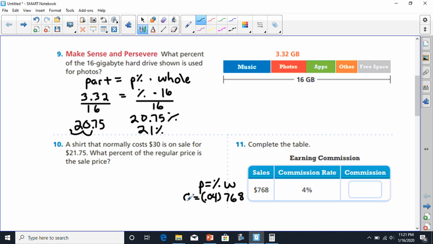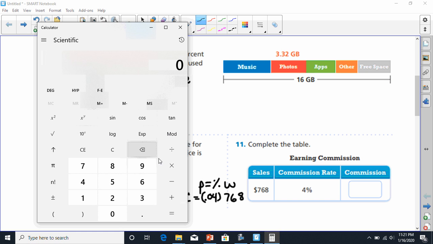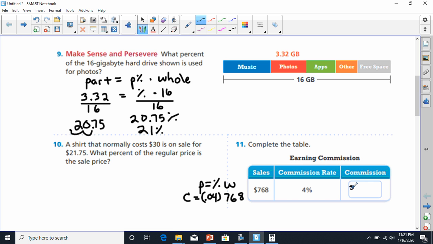We'll just put C here for commission. And if I go ahead and put 768 and multiply it by 0.04, I get 30.72. That means you'd make $30.72.